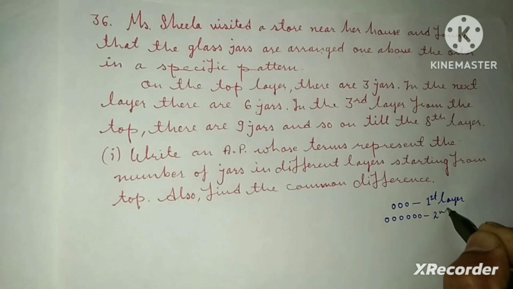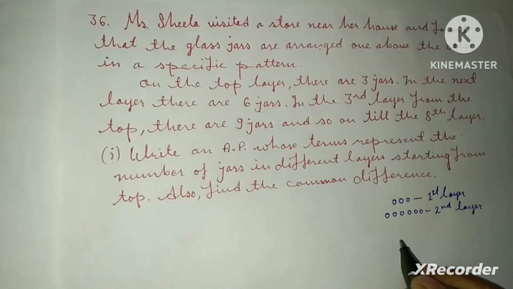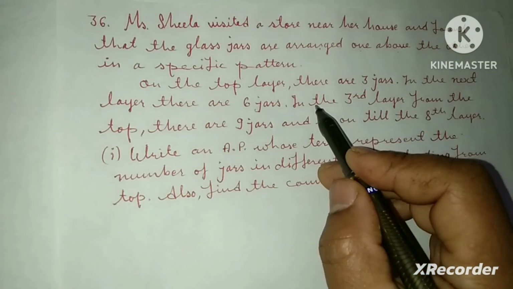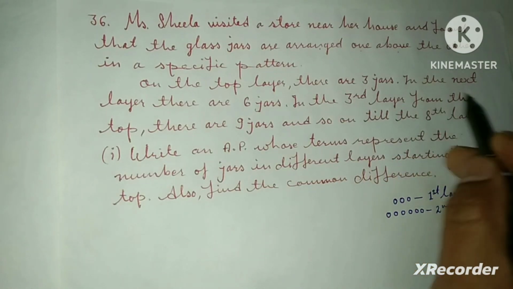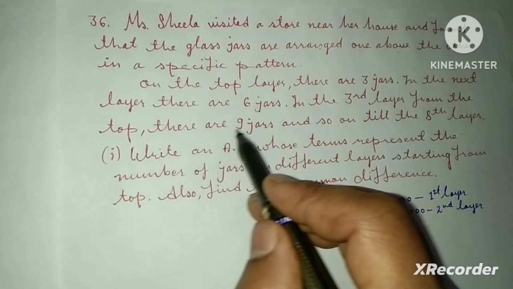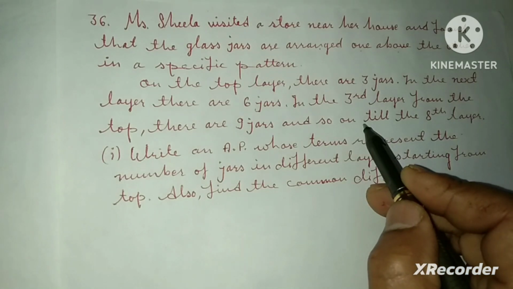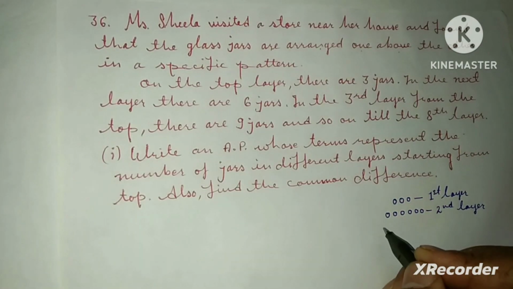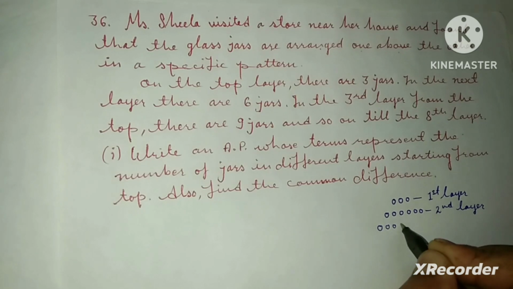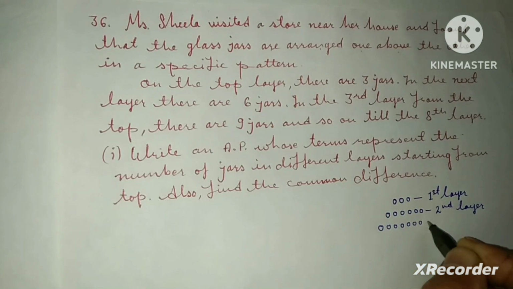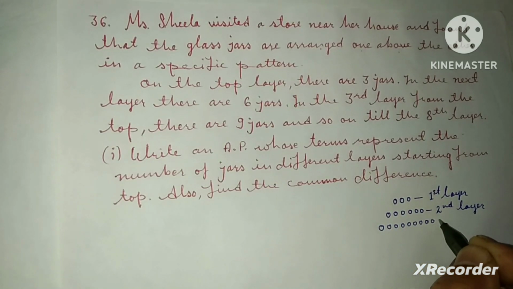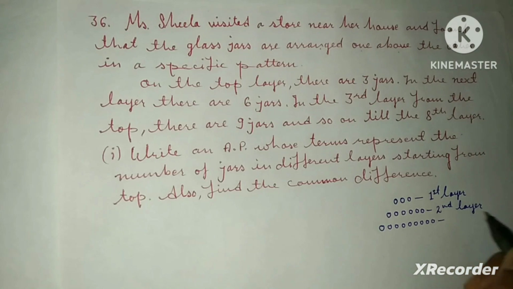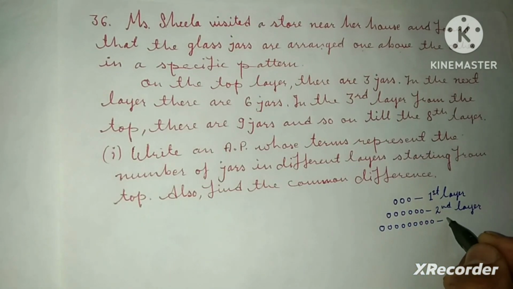Then in the third layer from the top there are 9 jars and so on till the 8th layer. In the third layer there are 1, 2, 3, 4, 5, 6, 7, 8, 9 jars.